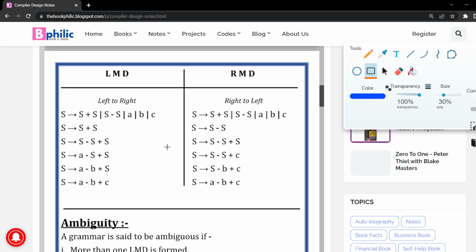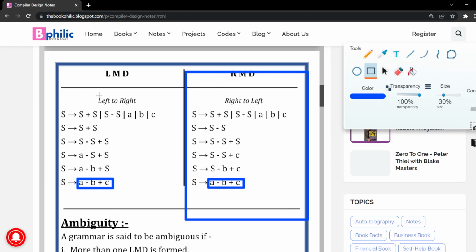So as you can see here, we are getting the same syntax a minus b plus c, on the left-hand side for the LMD, and on the right-hand side for the RMD. So we are getting both syntaxes the same as before. So S derives a minus b plus c.